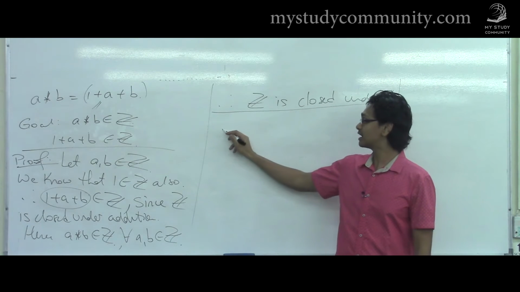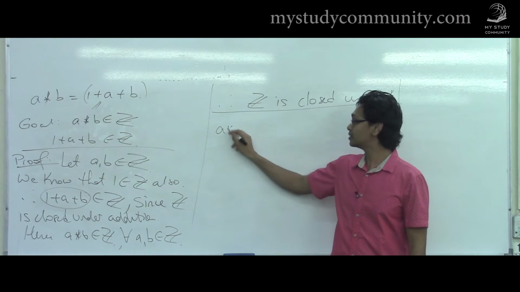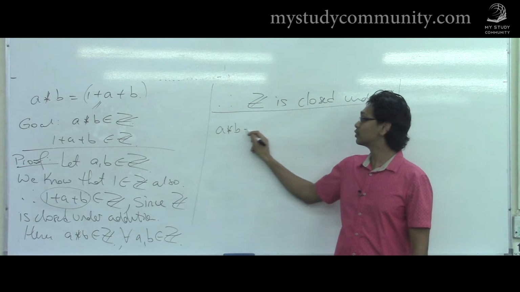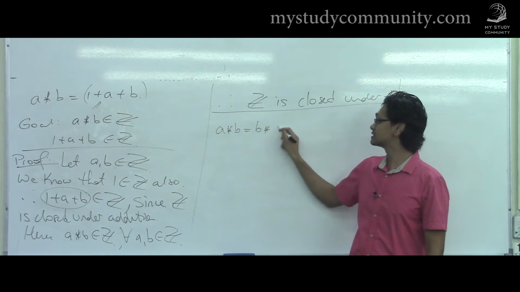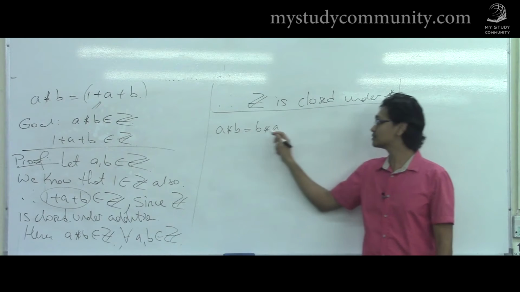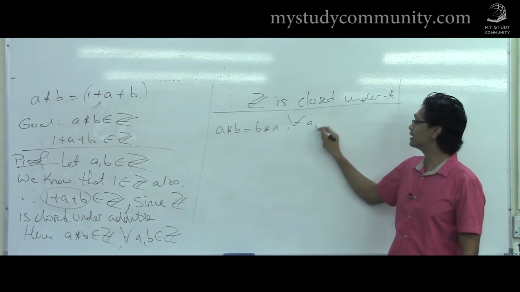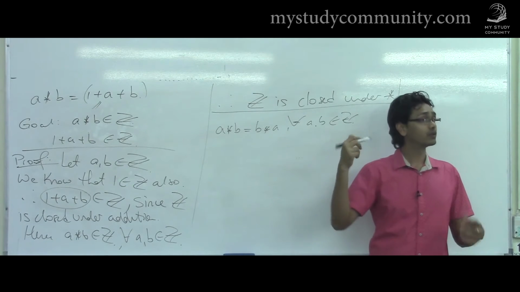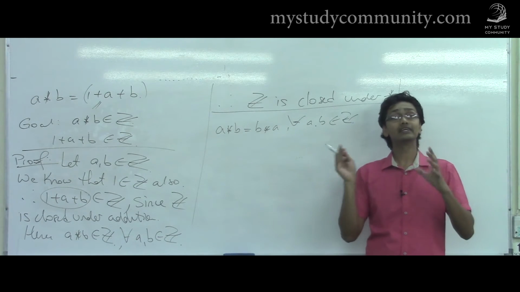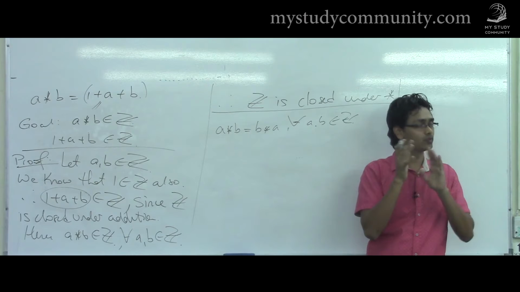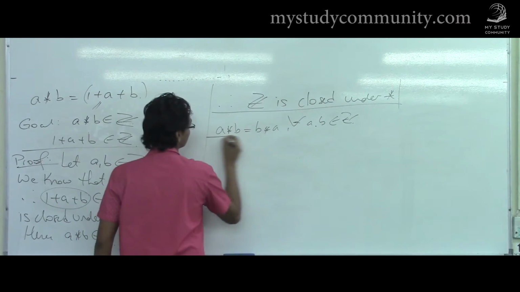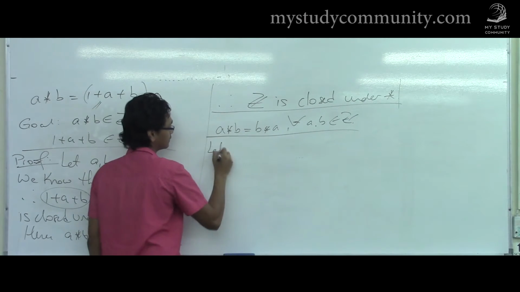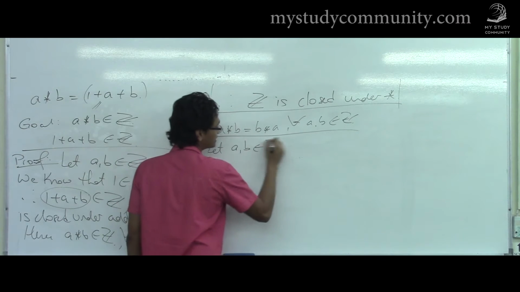In other words, if I had my element A star B, that would be the same as B star A. And this has to work for all A and B in my set. So what do we do? We take two elements in Z again. You will always start with that. So let A and B be elements in Z.